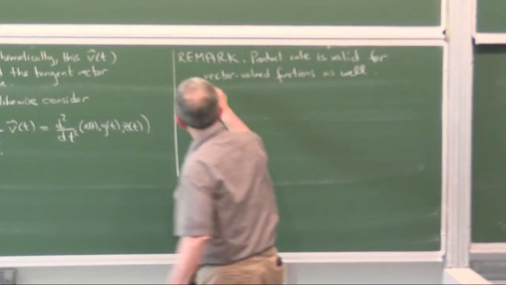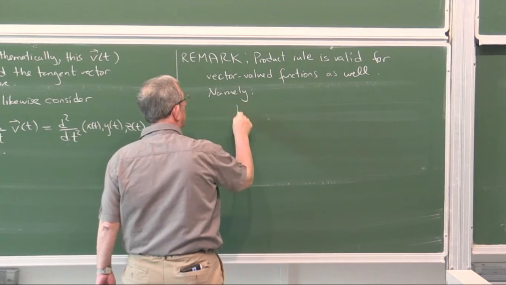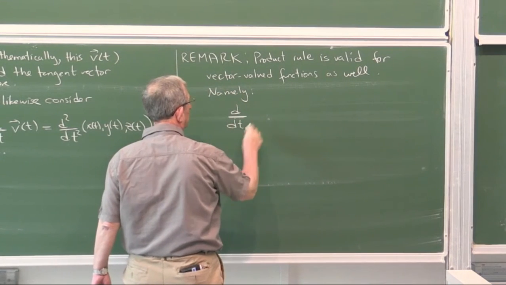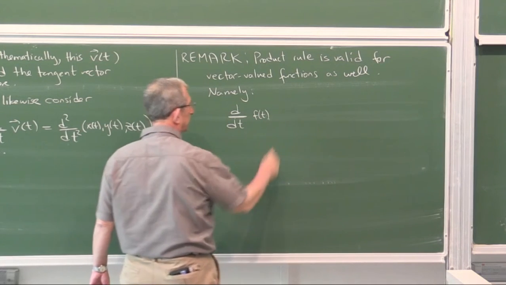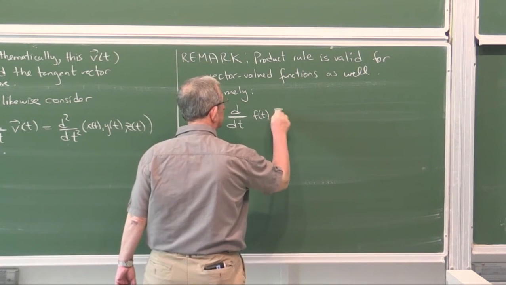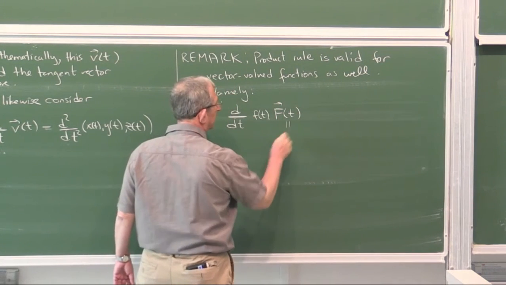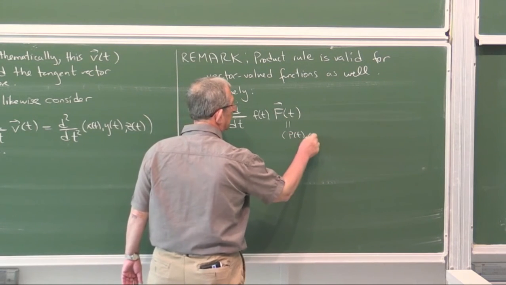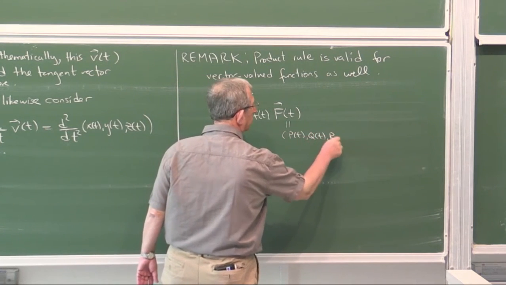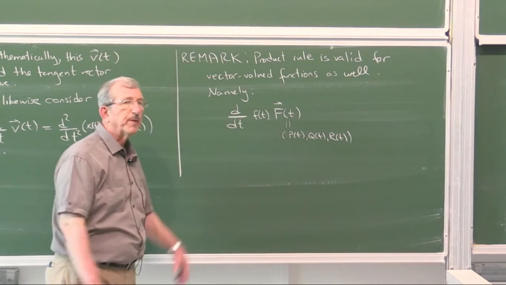Namely, if you take the derivative of a scalar valued function times a vector valued function, say this is something like p of t, q of t, and r of t, okay, then what do you expect to get?